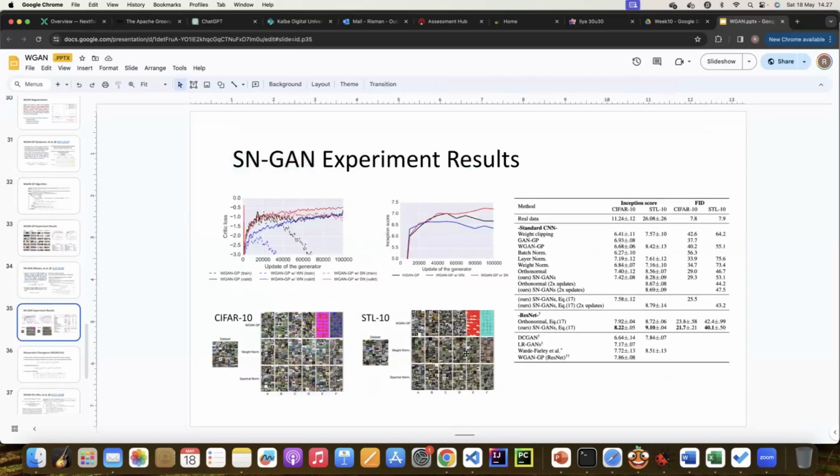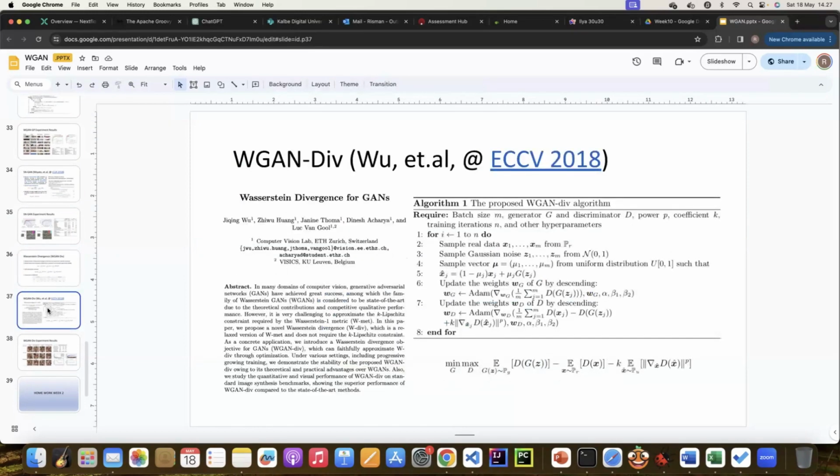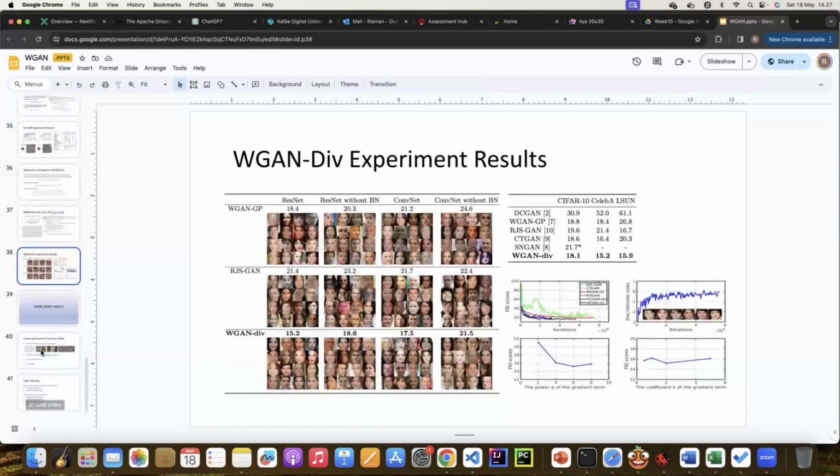The result is better than WGAN GP. Many other people have made other proposals like this, but they are rarely used, for example from Wu et al. So we can say that WGAN with spectral norm is better than the others.